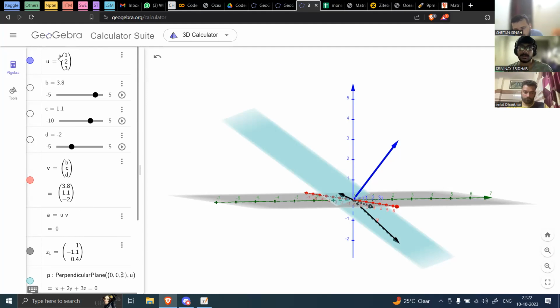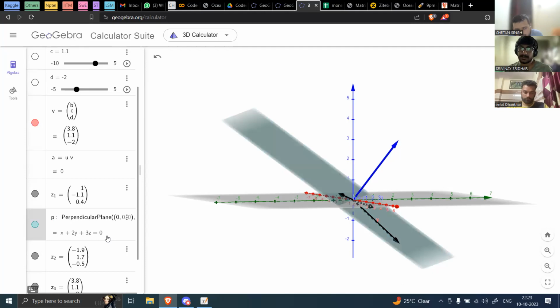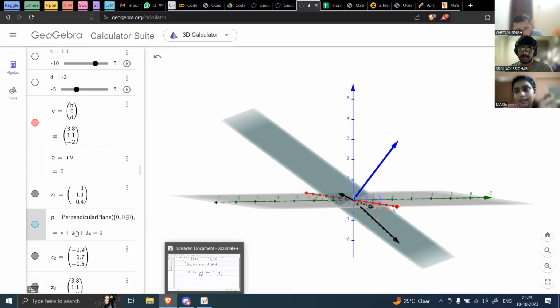So now I know that this vector u, which is 1, 2, 3, is perpendicular to this plane. So I can define the plane itself with that vector, which is x plus 2y plus 3z. That is the equation of a plane, right?